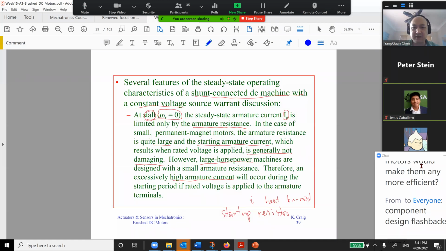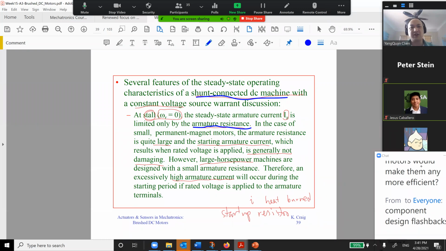And steady state operation for the shunt connected DC motor. When omega is 0, you have a steady state armature current. That current is linked to the armature resistance, which could be large.